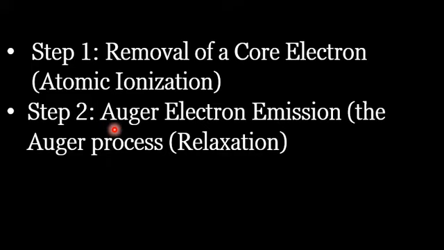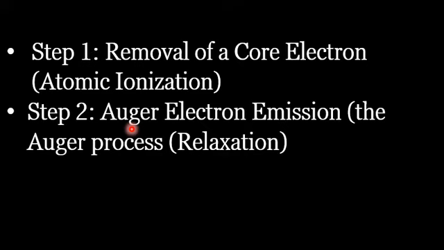If the energy of the characteristic X-rays is higher than the binding energy of the electron present at the higher energy level, then the X-rays result in emission of that electron, and that electron is known as an Auger electron.